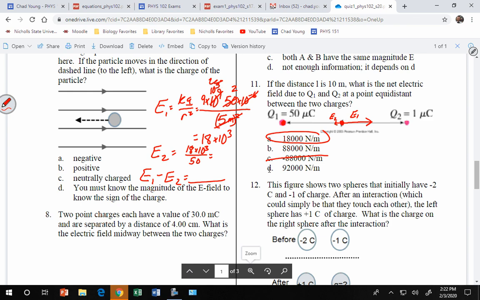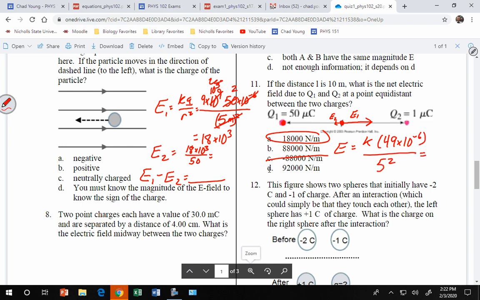Another way that you could do this, if the charges were not so different, because they're equidistant, the point in the middle is the same distance between the two charges, is I could say that not E1, not E2, but the total E is equal to K times 49 times 10 to the minus 6 divided by 5 squared.